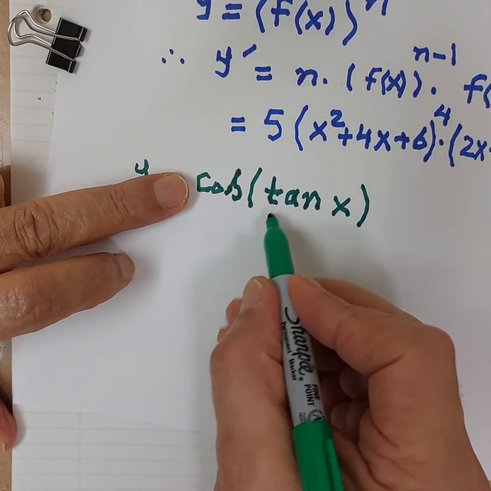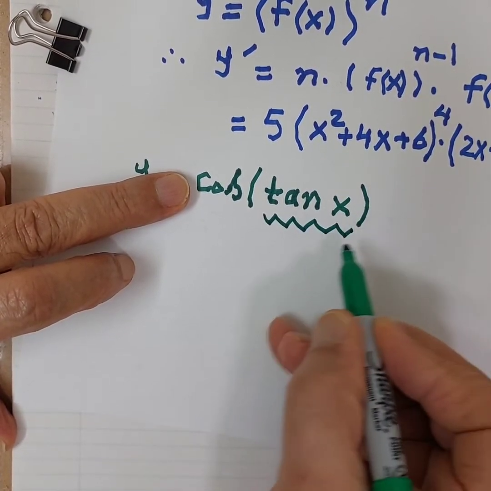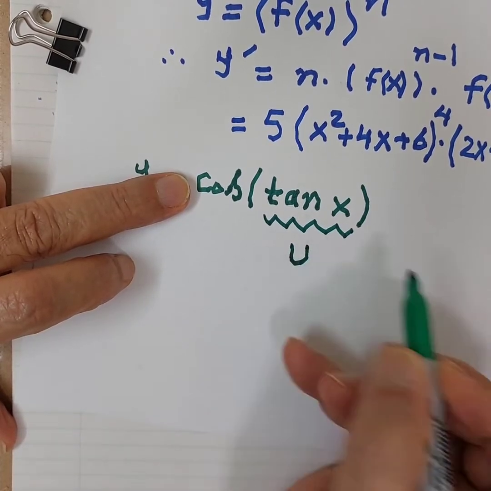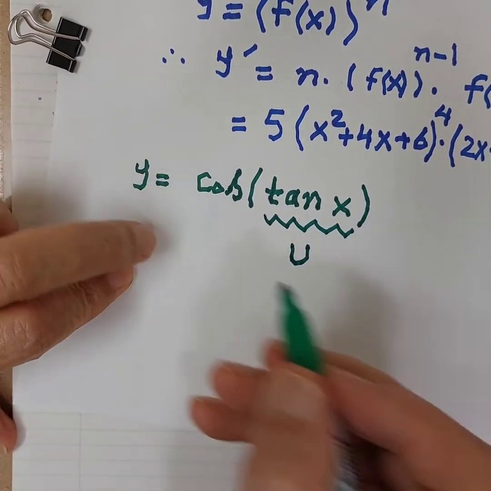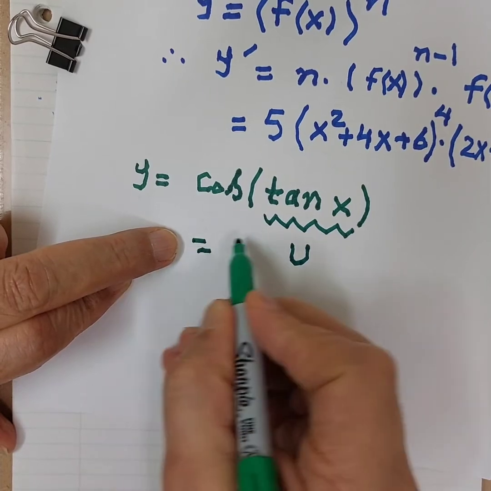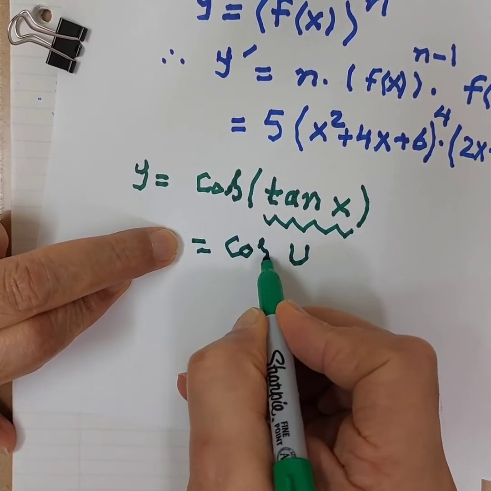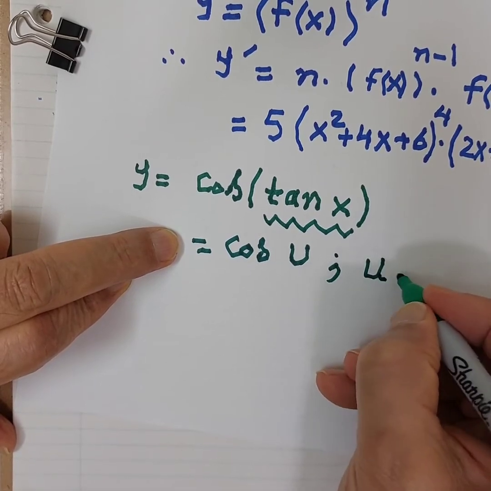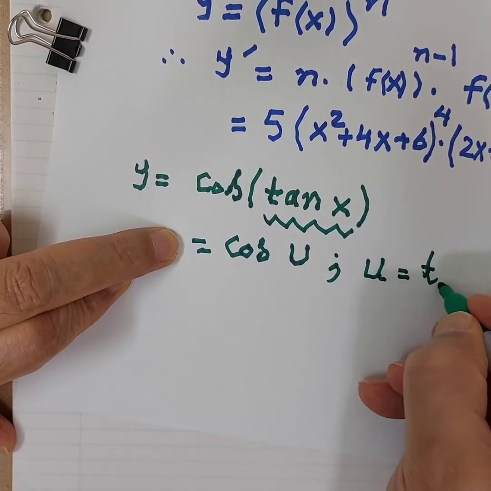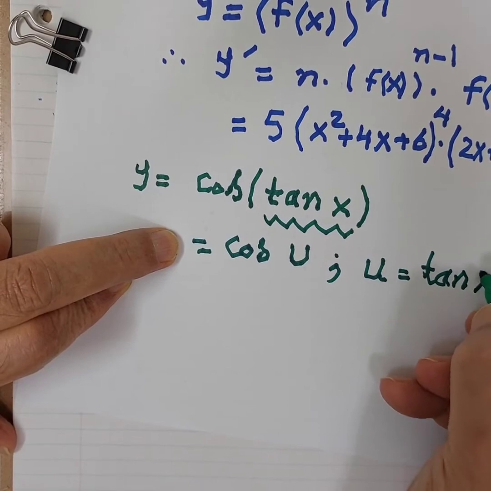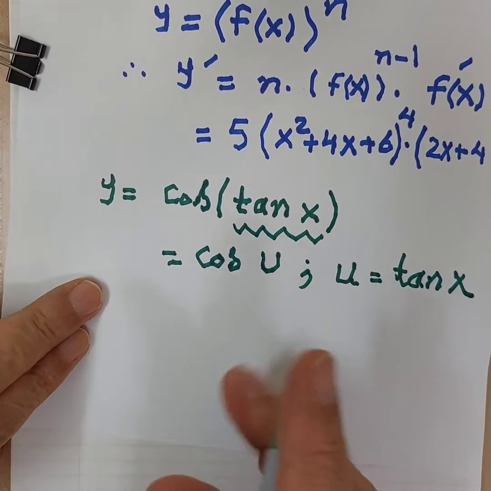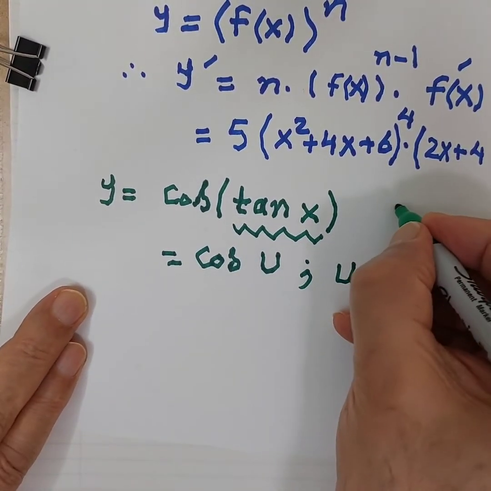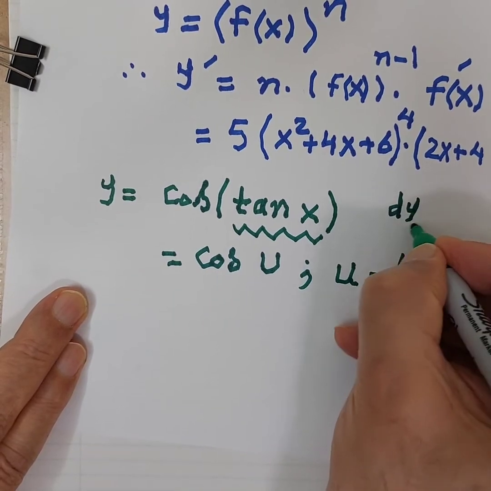We can consider this as u. So the function changes into cosine u, where u is tan x. And we need to find dy by dx.